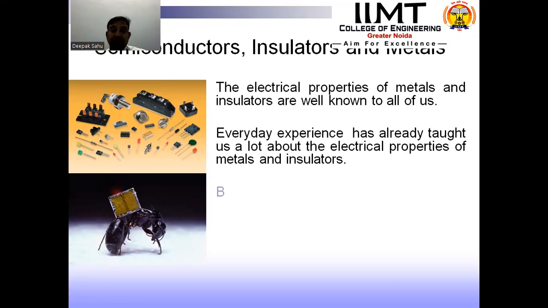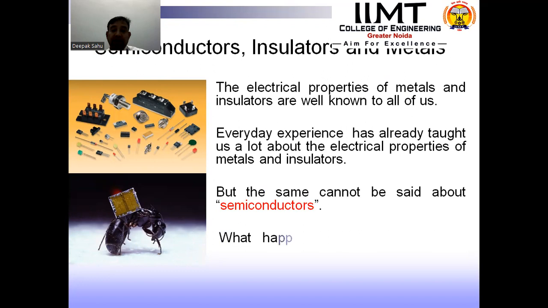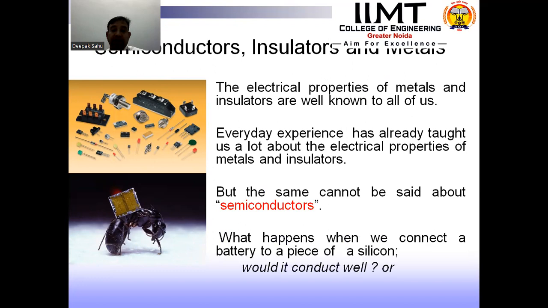Now, we come to the basic three categorizations of materials, which are primarily metals, insulators, and the newest member, the semiconductor. Insulators have an electrical conductivity of 0, and metals have very high electrical conductivity.